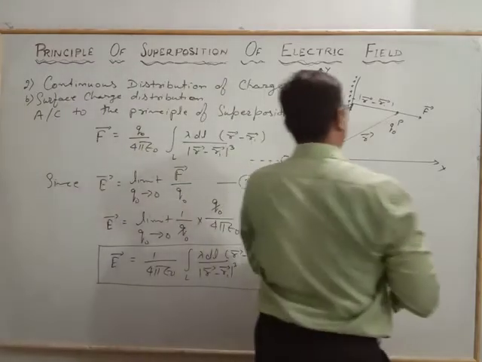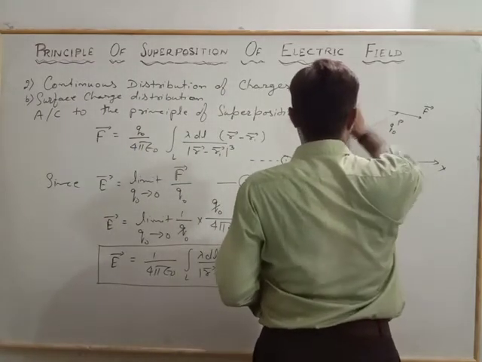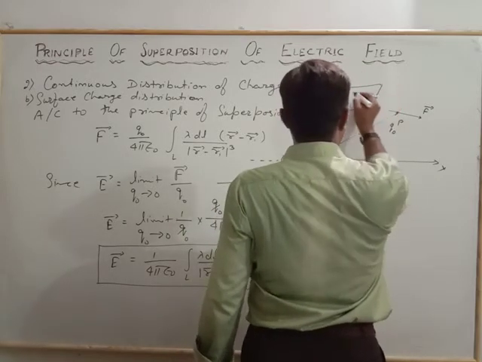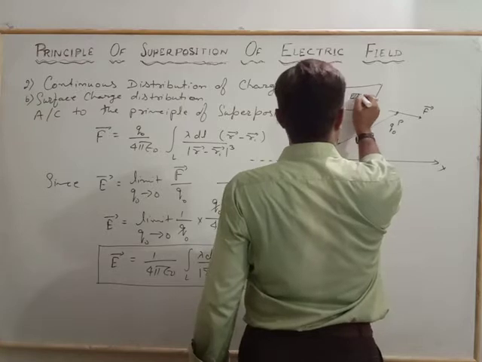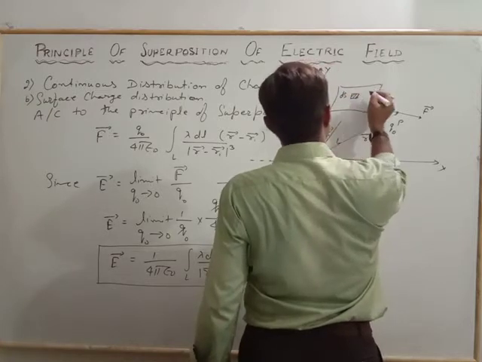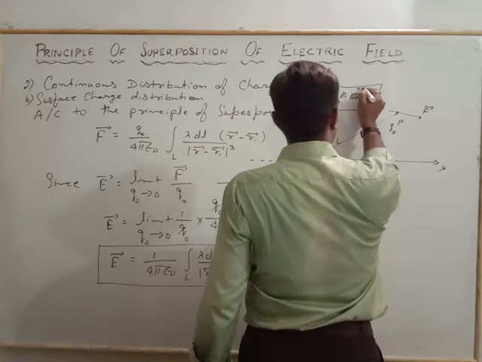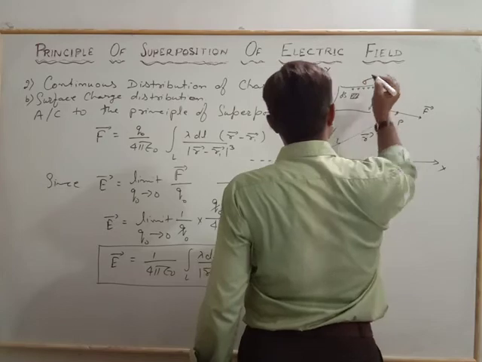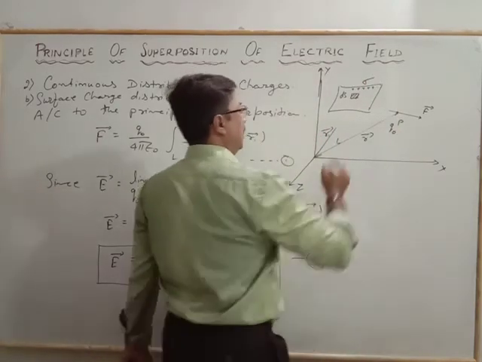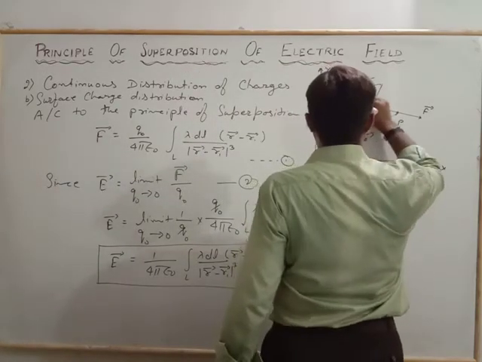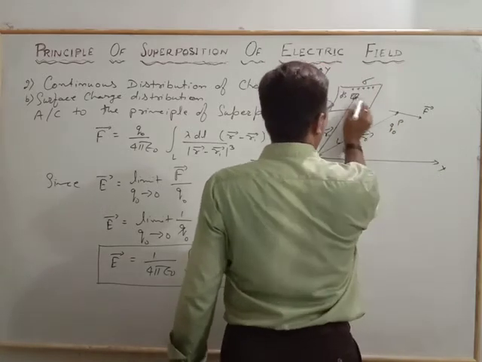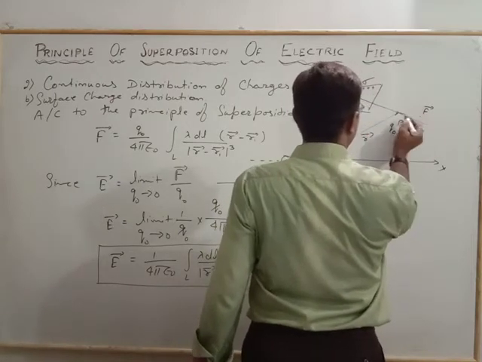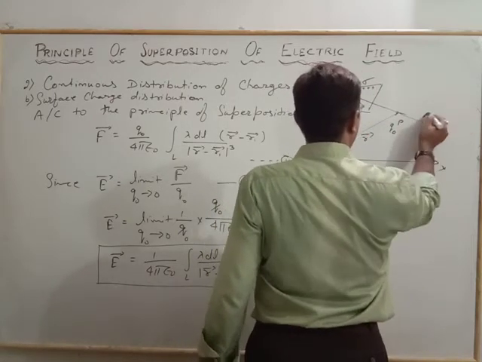Now the arrangement is a surface charge, so we make a surface here, and suppose this is the surface with a very small surface element ds, where the charges are distributed uniformly and continuously with the surface charge density sigma, and the location for this is R1, and the point P where the test charge is considered has the force F vector.